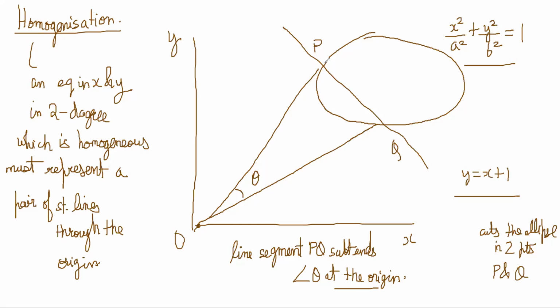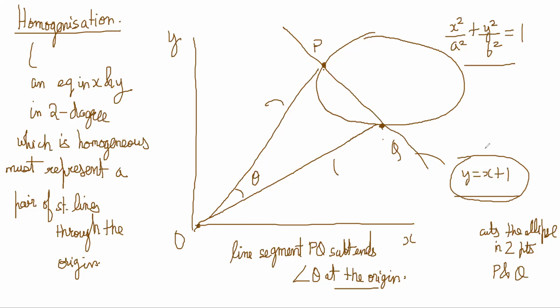So a normal approach to this question would be, okay, I need to find the angle between 2 lines. So I need the slope of this line and the slope of this line, and to find the slope, I need these points. So a normal approach would be to solve and find P and Q. How will you solve?